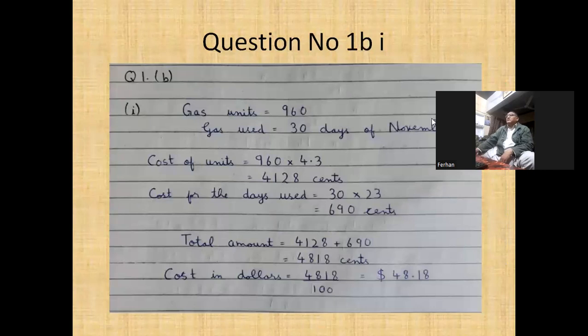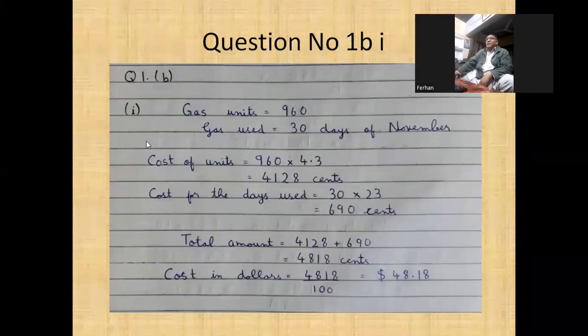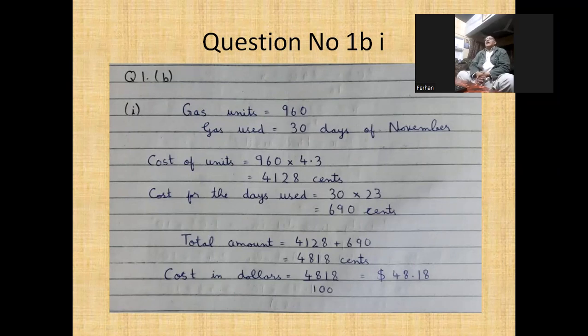Okay, so the units of gas which you used is 960 units, and the gas you use for 30 days. So the cost of the units will be 960 multiply 4.3, and that will be 4128 cents. Cost for the days used, every day she has to pay 23 cents. So 30 multiply 23, that will be 690 cents.